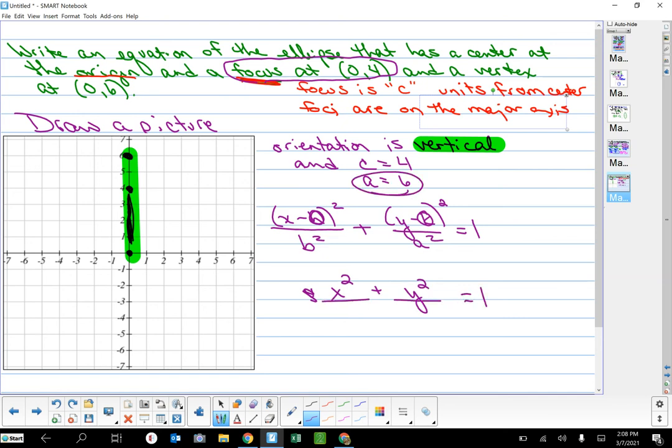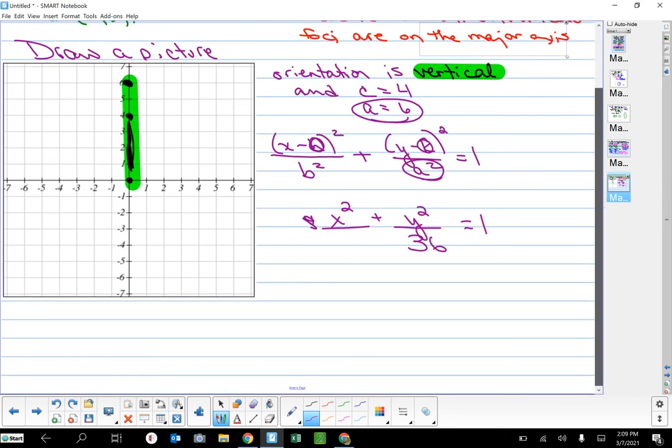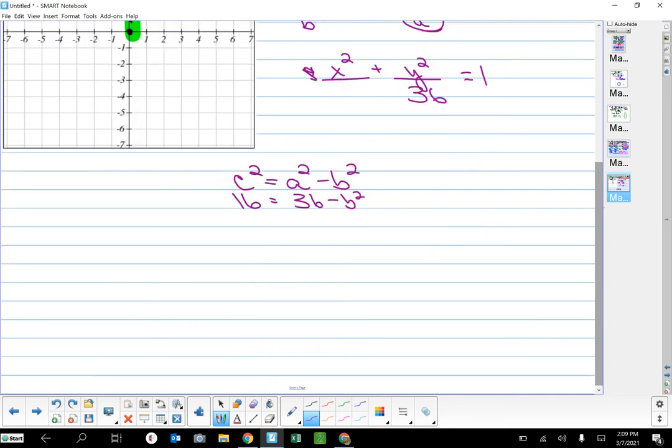We already know a is 6, so a squared is 36. So all we need to know here is b squared. Well, please remember the formula that I gave you earlier, that c squared equals a squared minus b squared. And so if we know c is 4, then c squared is 16, a squared is 36, minus b squared.